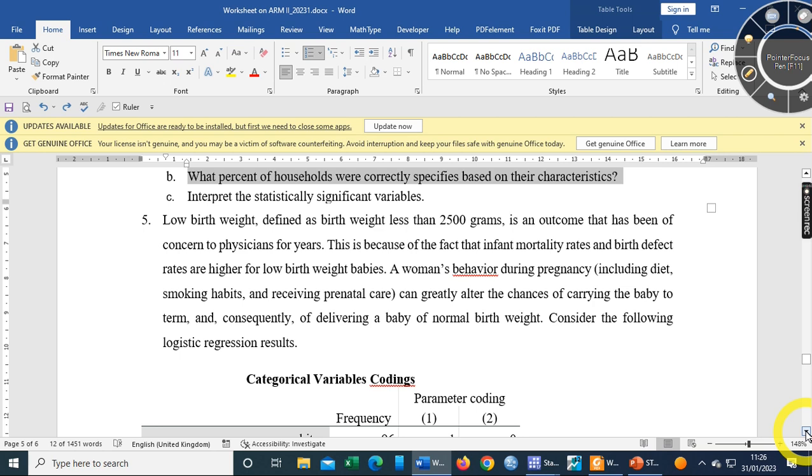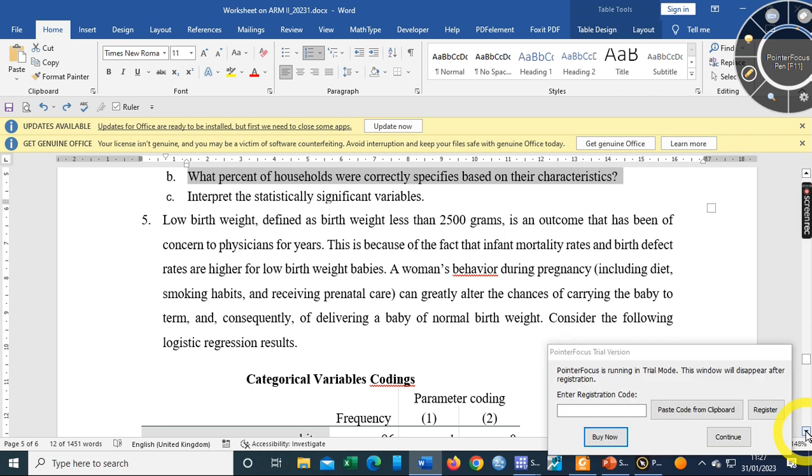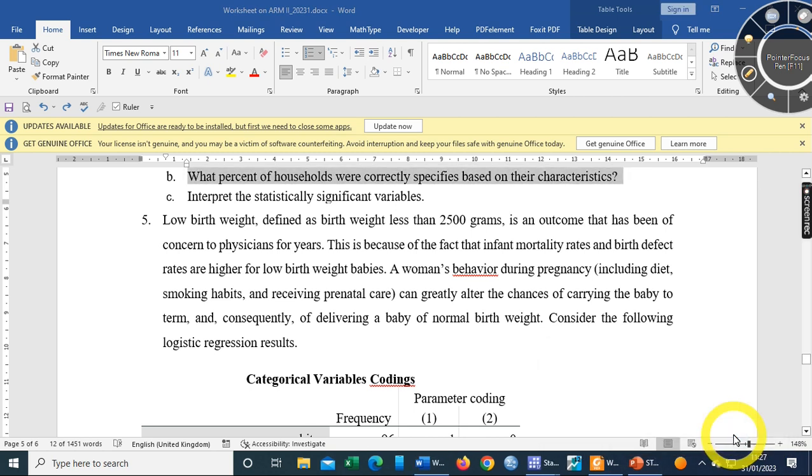This is an outcome that has been a concern of physicians for years. We will look at the factors that determine this. This is because infant mortality rates and the birth defect rates are higher for low birth weight babies. It has other implications, for babies born with weight below this.